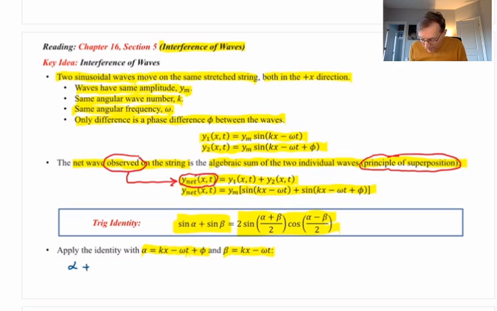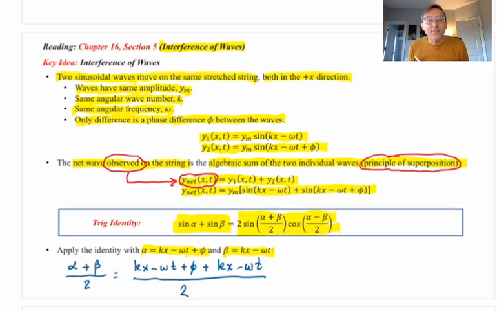Given those alpha and beta expressions, when I compute alpha plus beta all over 2, just using those expressions, so kx minus omega t plus phi from the alpha, plus kx minus omega t from the beta, all divided by 2. This is just algebra. And what do I get from there? Well, I've got 2 kx's and 2 omega t's.